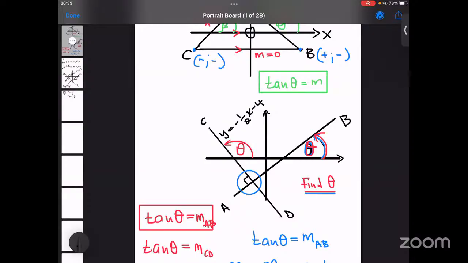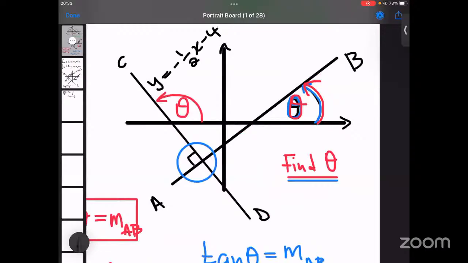Yes, sir. Okay, what did you get on your side? Sir, I got 14.04. 14.04. The other one, anyone who got the same or a different answer? It has to be 14.04 degrees because it's an angle.